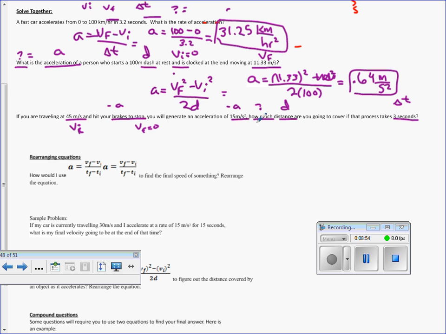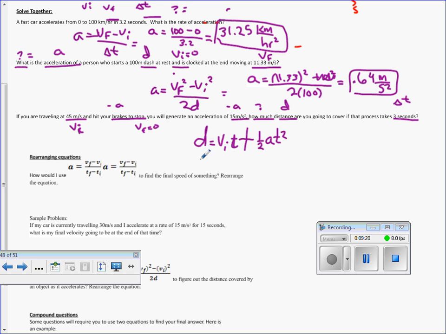So pause it and try to see what equation this is. You need something with velocity, acceleration, velocity final, distance, and time. Okay, here's what it is. It's the third equation. Displacement equals velocity initial times time plus 1/2 acceleration times your time squared.